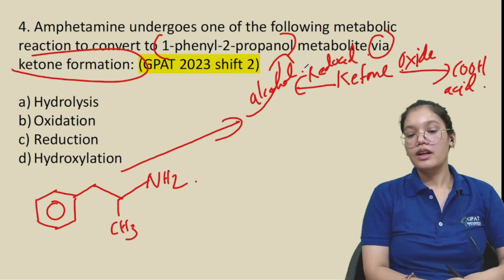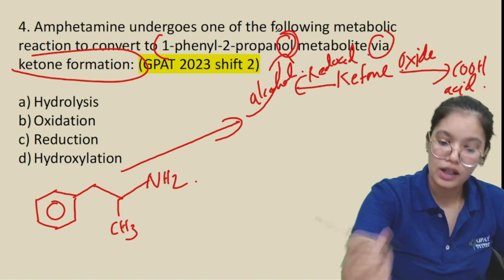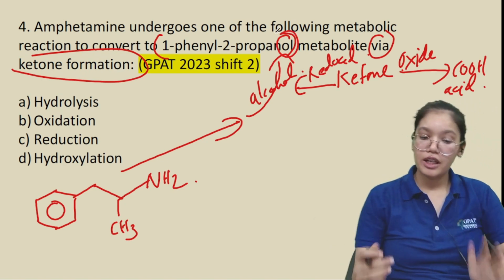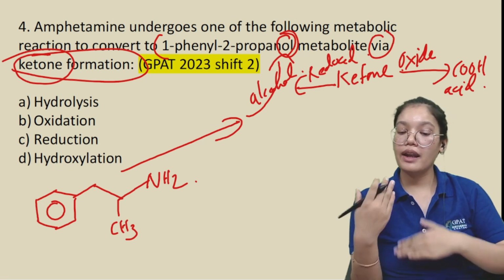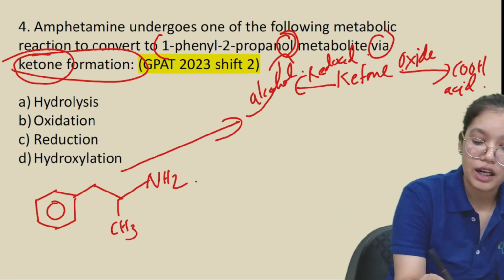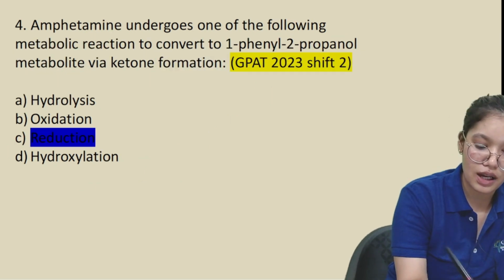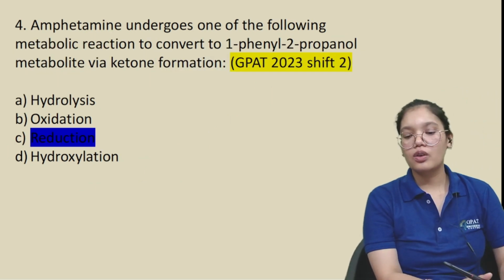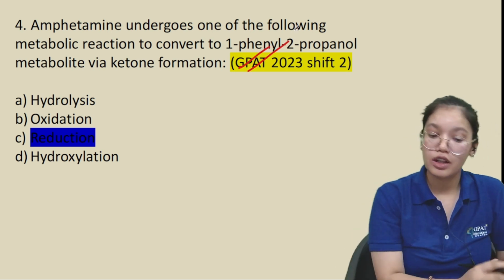So here the final product is the alcohol, and the intermediate product is the ketone. So the ketone is forming an alcohol. What will the reaction be? It will follow reduction. So the answer is reduction. Simple question. In 2023 it was asked in the shift 2 paper.